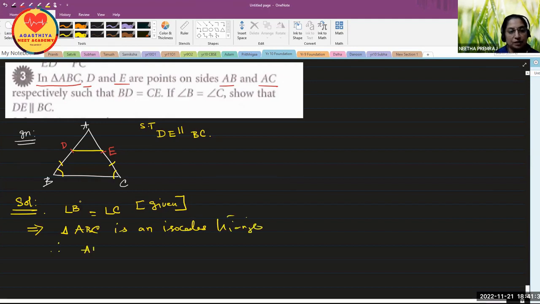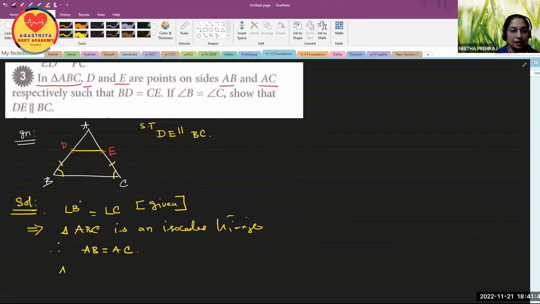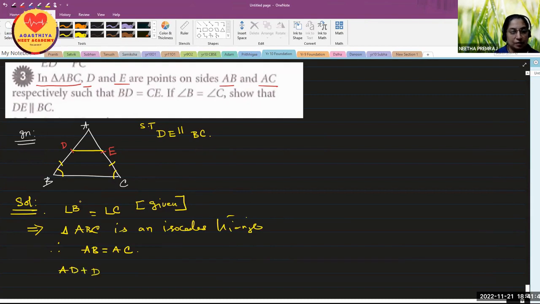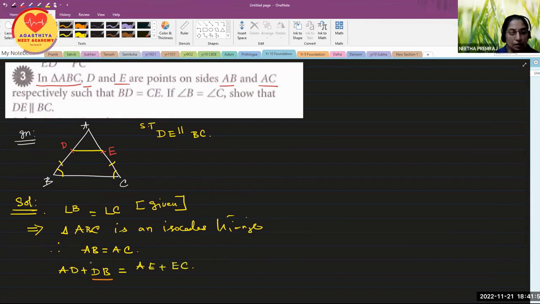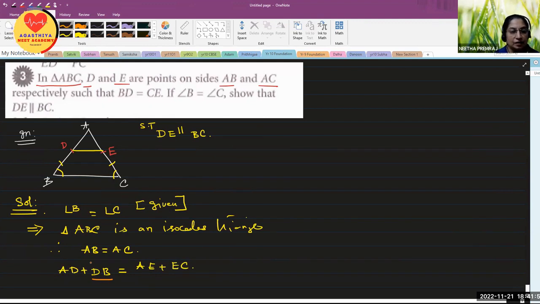Therefore, AB must be equal to AC, isn't it? Okay, AB can be written as AD plus DB and AC can be written as AE plus EC.